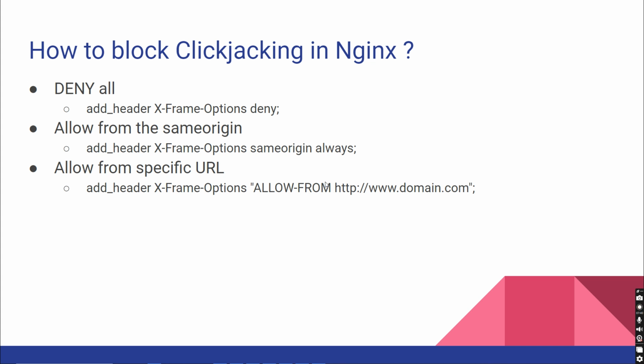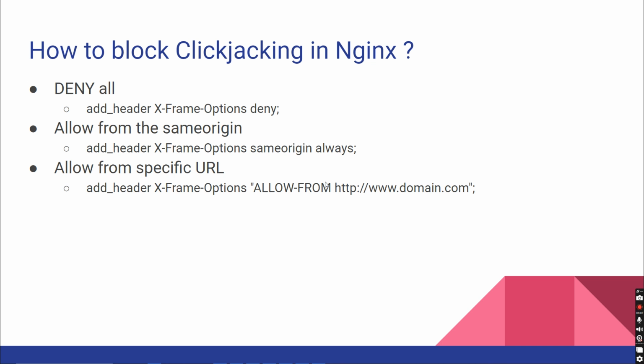The second option is allow from the same origin. That means the application that you hosted in Nginx can be iframed from the same origin. Same origin means from the same domain, the same place. So different paths in the same site itself can do iframing, but it cannot be iframed from a third-party site.